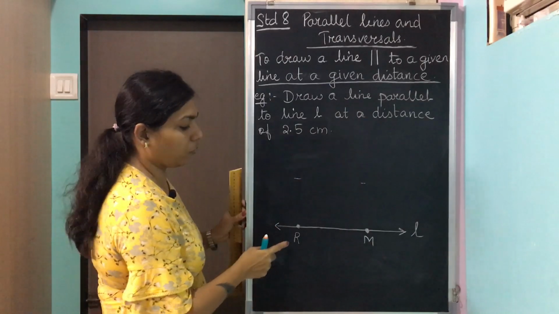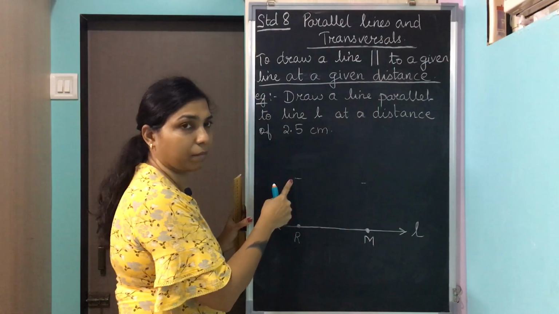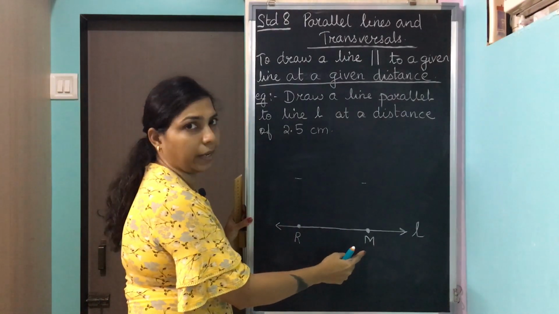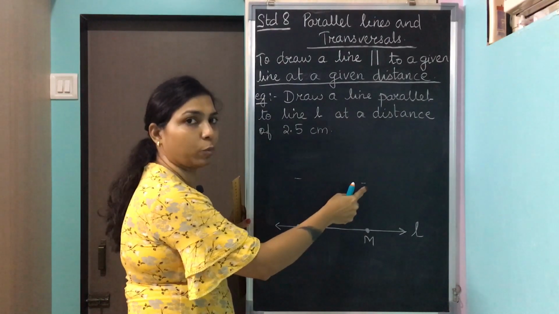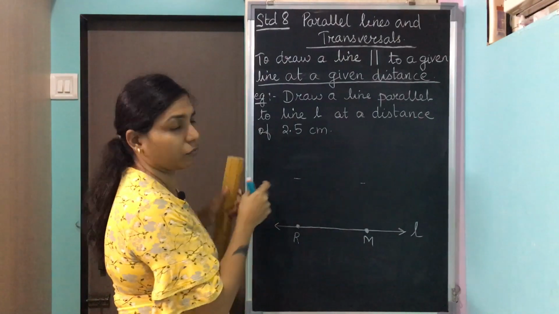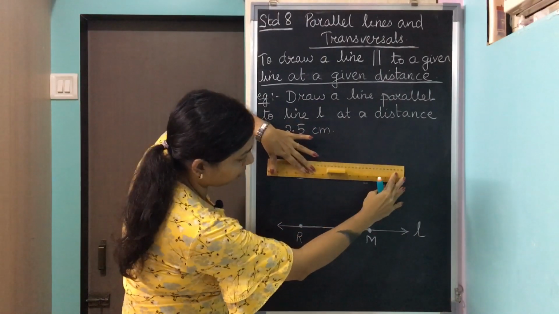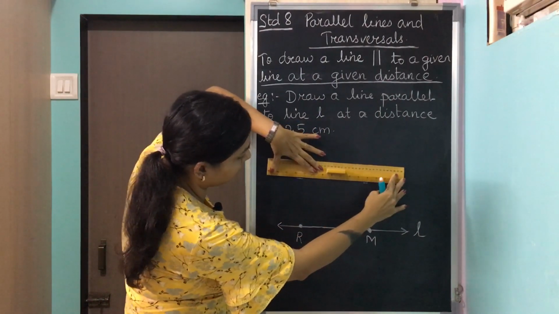Okay, so first you keep the ruler at the first point, measure 2.5 centimeter, make a mark, keep the ruler on the second point and again measure 2.5 centimeter and make your mark. Once you get the two marks, you take your ruler, adjust your ruler straight against those two marks that you have got.